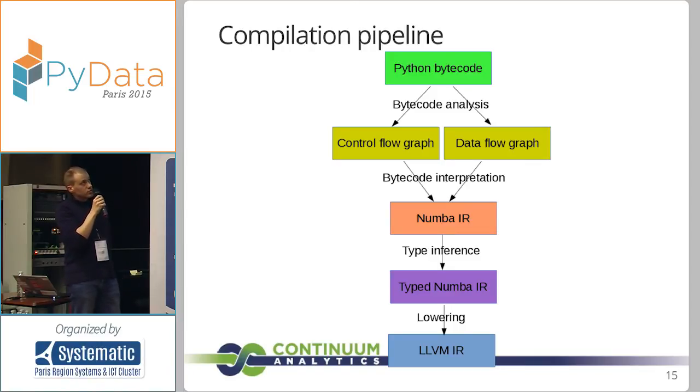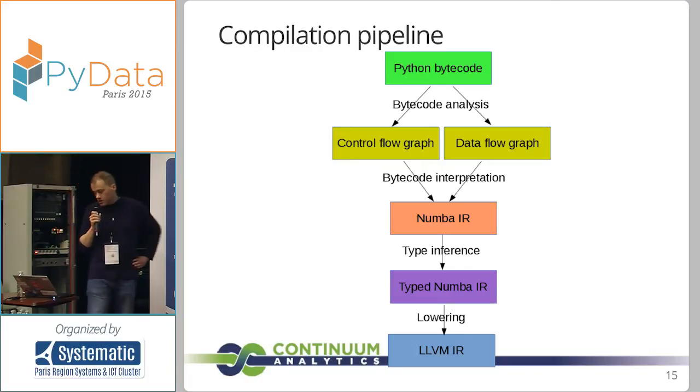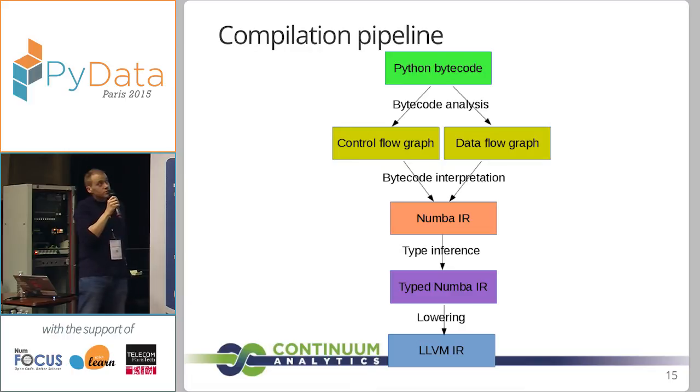Once we have that information, we can run a stage called bytecode interpretation, which produces the Numba IR. The Numba intermediate representation is a rather high-level and abstract representation, which is used internally because we don't want to deal with bytecode anymore at that point. The Numba IR is basically untyped, it's really very abstract. But then we have a type inference phase.